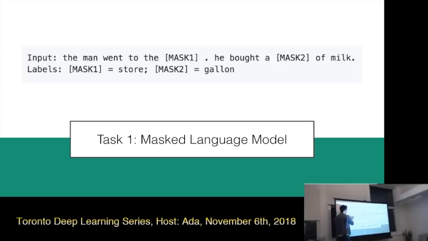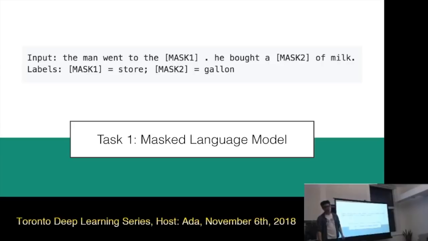You mask out store, mask out gallon, and the objective is for the model to try to find out what these masks are. That's the general idea of this masked language model, and this teaches BERT to learn the contextual representations of the words in these sentences. Of course, the actual thing they use is a variant of the masked language model, a bit more complicated, and I'll refer you to the paper to find it out. But this is the general idea of the first of their tasks.